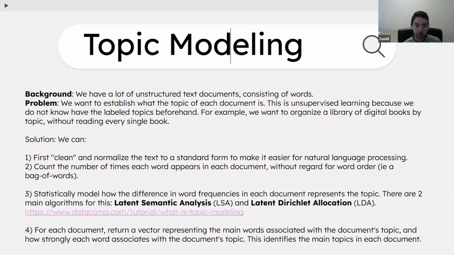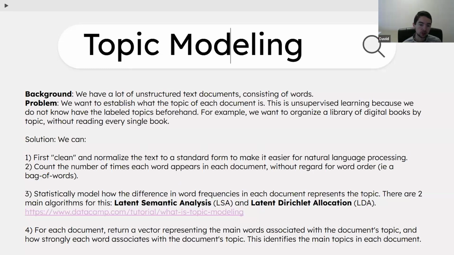So we remove punctuation, remove case, or convert everything to lowercase, for instance. And there's also something called lemmatization, which we'll get to later. And we want to count the number of times each word appears in each document, the bag of words technique, basically.